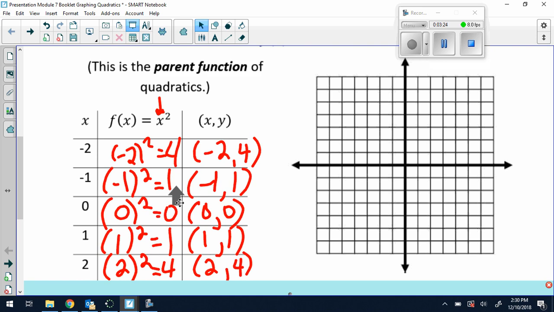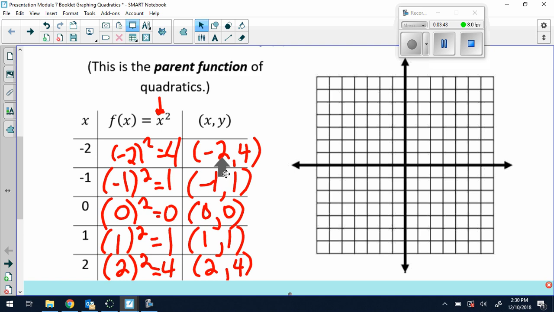I get 1. -1 times -1 is a +1. This point is coming from right here, -1, 1. That's my point. Then I plug in 0, 0, 0. And then I plug in 1, 1, 1. And then I plug in 2, 2, 4. So that's where those points are coming from.